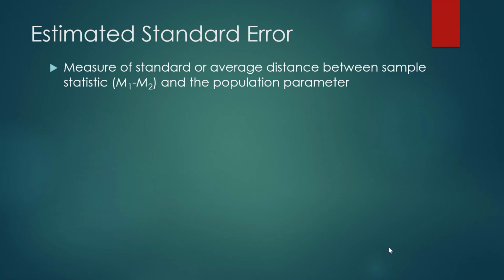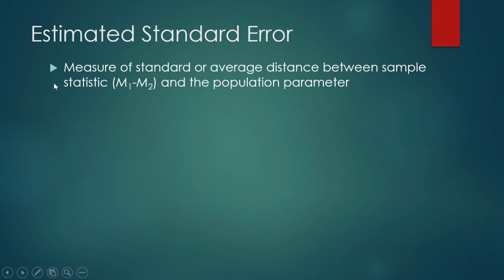As mentioned, the estimated standard error formula is going to be a little bit different. Remember that it's how much difference it is reasonable to expect between the two sample means if the null hypothesis is true, because each sample mean approximates the population mean, but of course there's error. So we need to take into account both errors, the error in sample 1 and the error in sample 2.